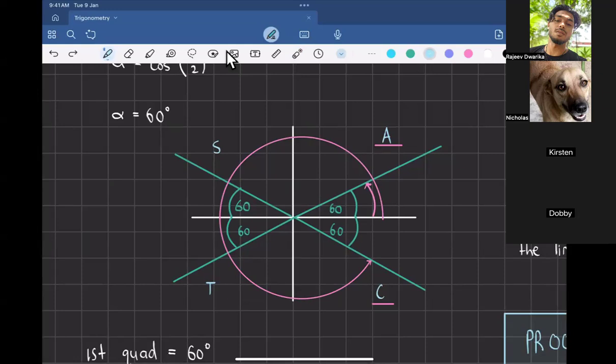In the third quadrant, only tan is positive. In the last quadrant, only cosine is positive. So which quadrants would cosine be positive in? See if you can tell me that, Kirsten. Which quadrant for sure? Drop it in the chat.